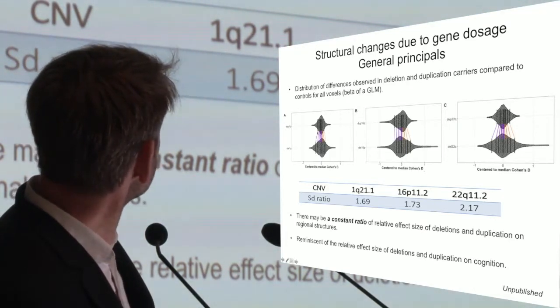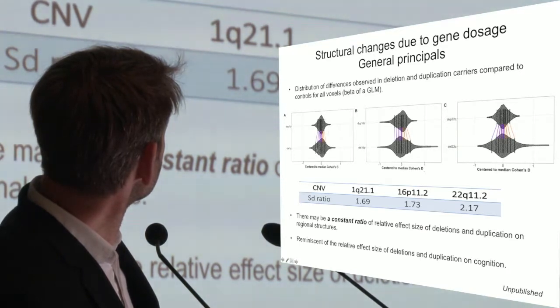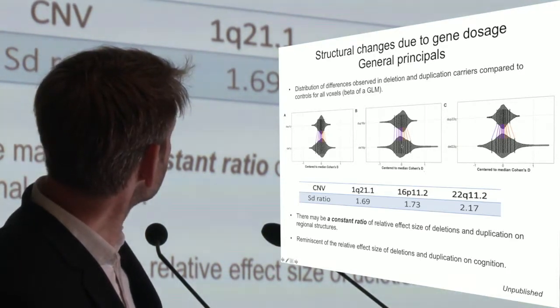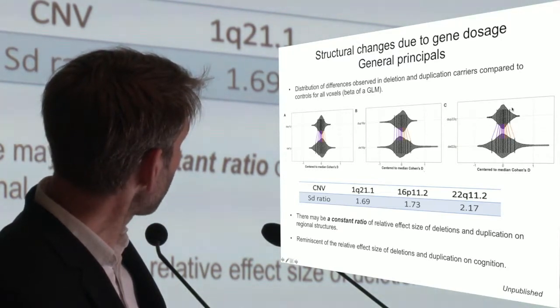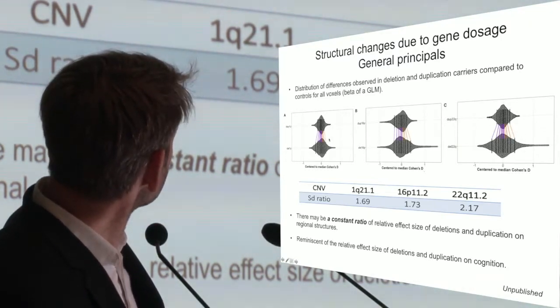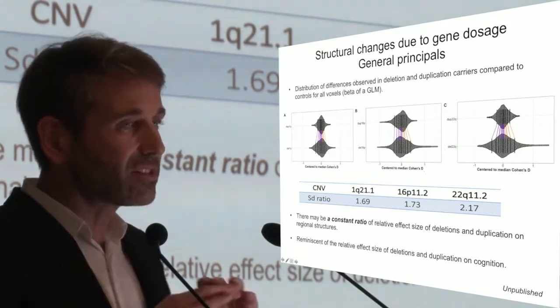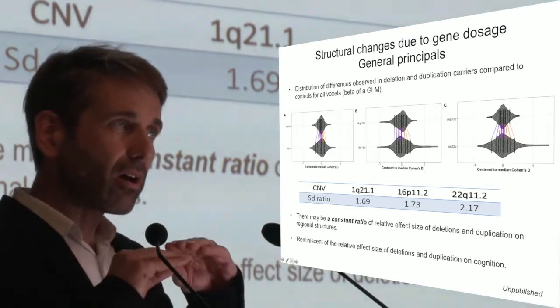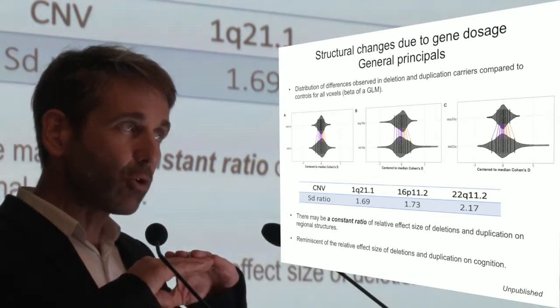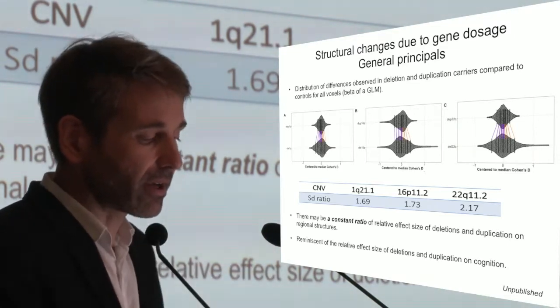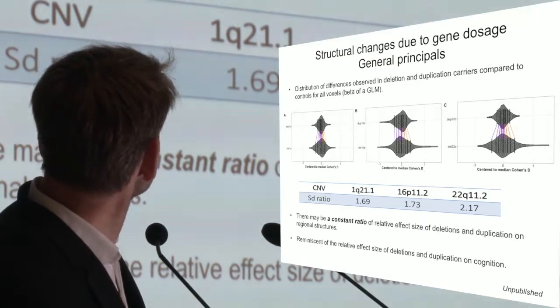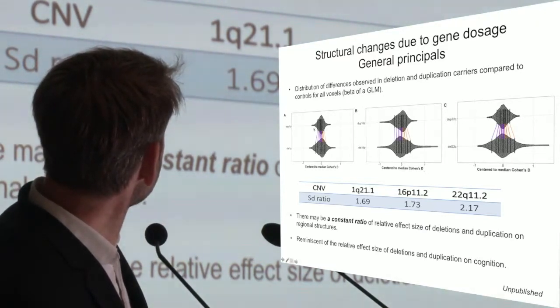So here you have three regions, the 1Q21.1, the 16P11.2, and then 22Q11.2, which Anne has talked about. And what we're representing here is the distribution of regional brain alterations impacted by deletions on the bottom and duplications on the top.